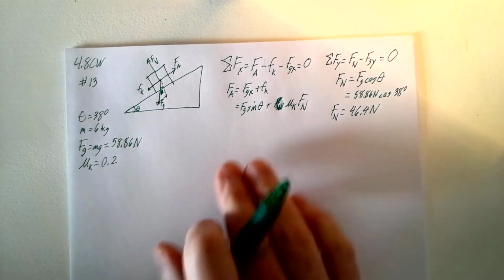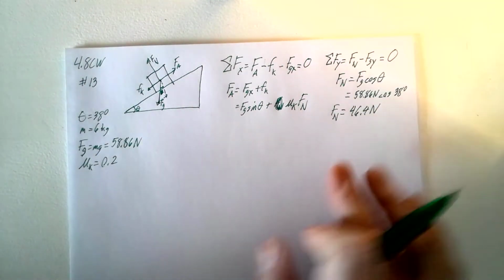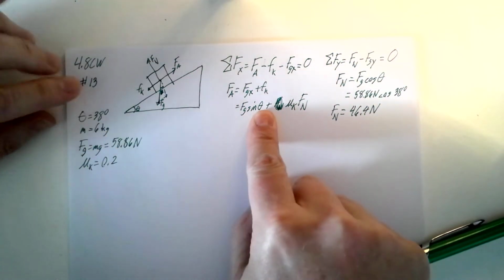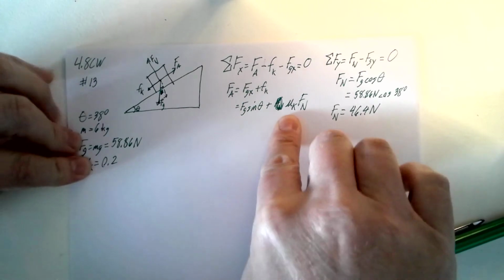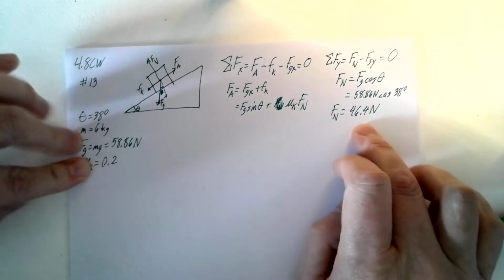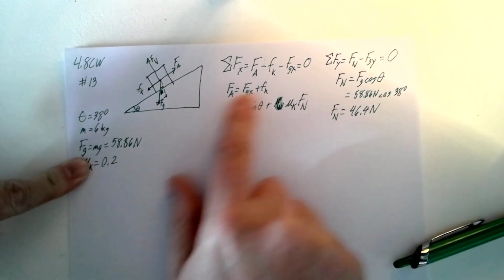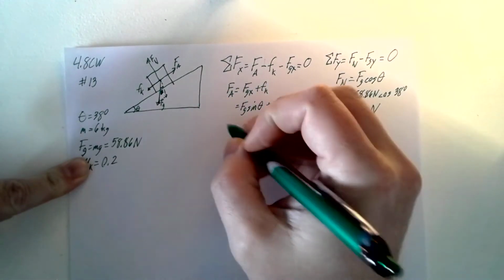Alright, so if we look now that we've got this set up, Fg, we have a value. We know the angle, we know mu sub k, and we found Fn. So now we just have to plug in, and that'll solve our Fa.